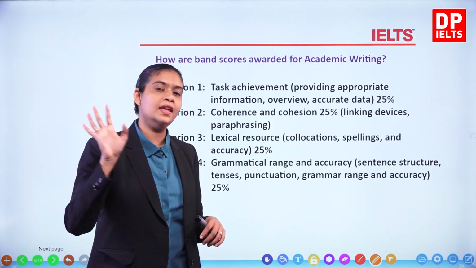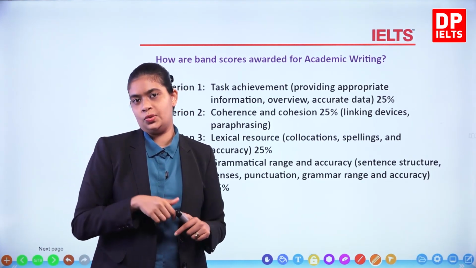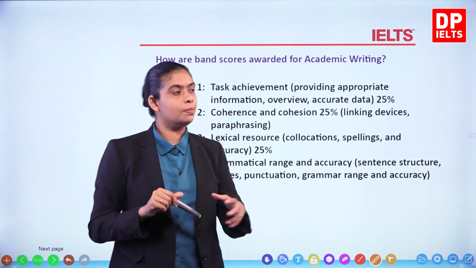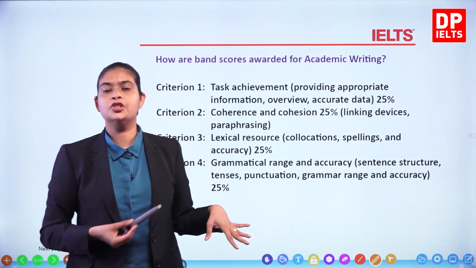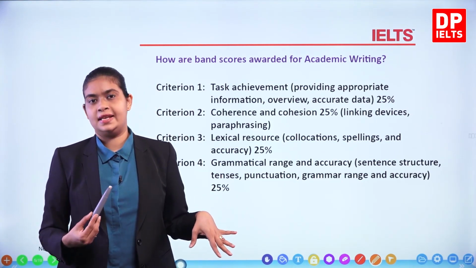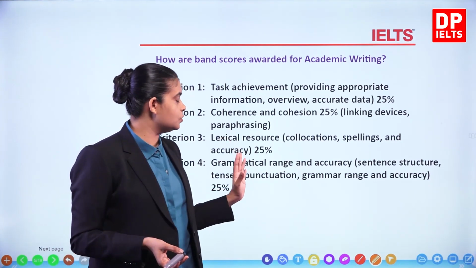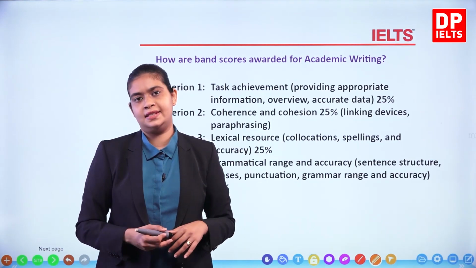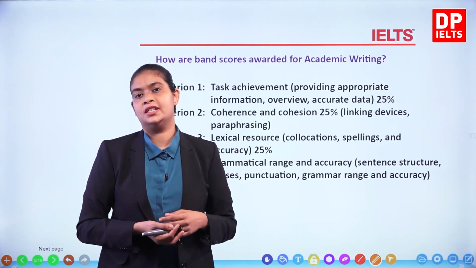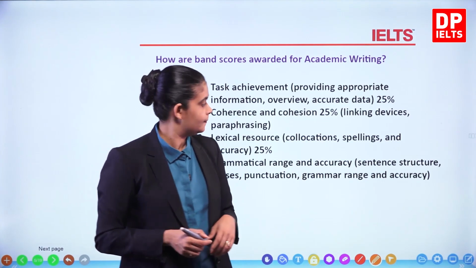When they give you the question, you should obviously include it in your introduction, but you don't write the same thing. I'll teach you when we are doing the lesson, so you don't have to worry about it. But what you need to remember is that we don't write the same thing as it is. We rewrite it using our own words.